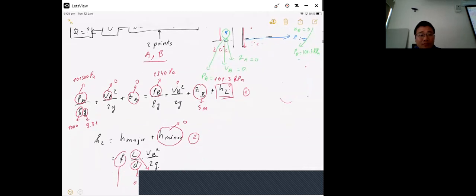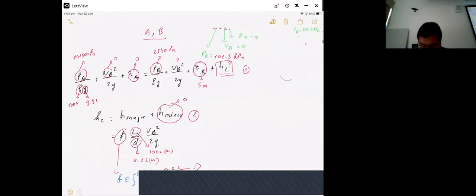It's real flow. So hL equals major energy loss plus minor energy loss. In the question you can give some assumption. You can assume the minor loss is 0, because actually the minor loss is very small compared with the major loss.